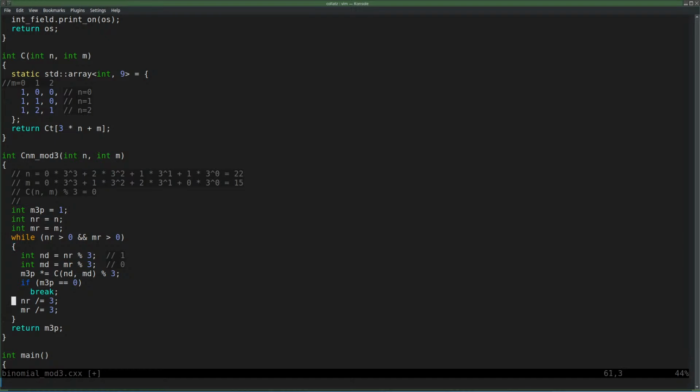But in the end we'll just multiply with 1, 1, 1, 1. So as soon as one of them is 0, we stop. And if we never enter this loop, because we enter with n or m equals 1, then the result is 1, which is also correct. Pretty sure that this works. So let's just print it, and I think I can recognize the same pattern.